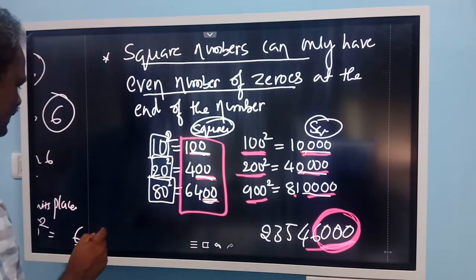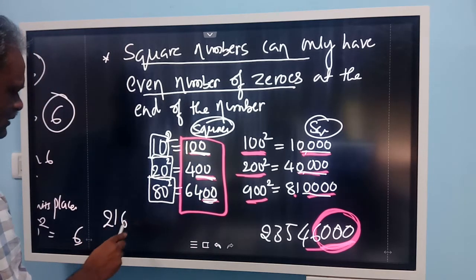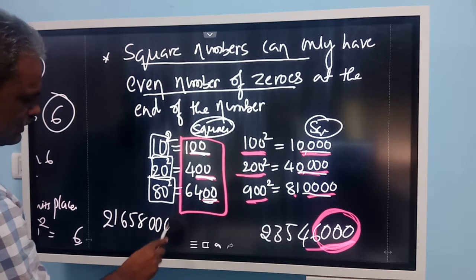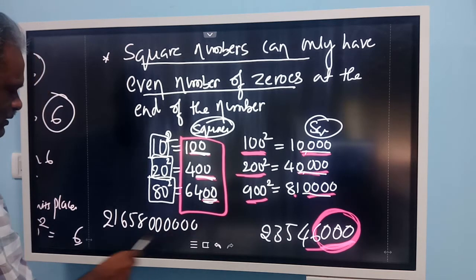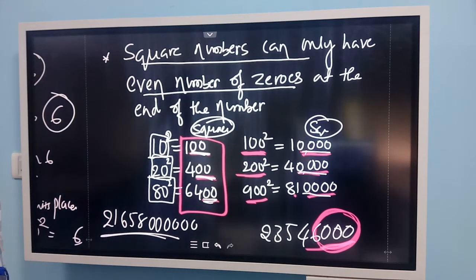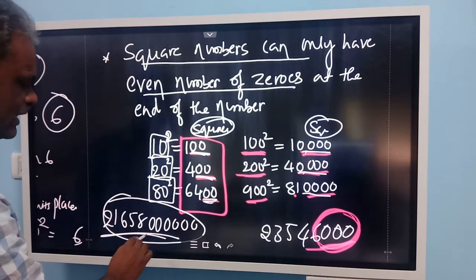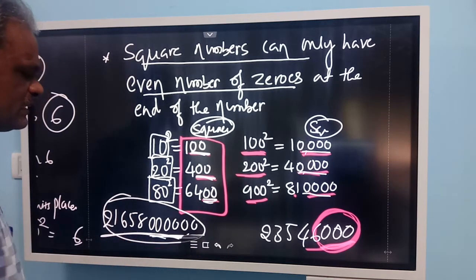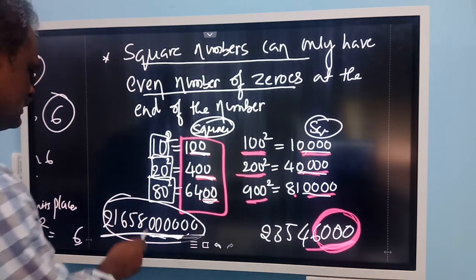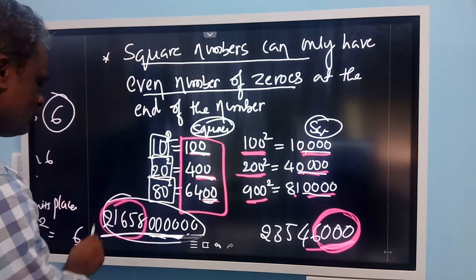One more example. 2165800000 0. Tell me, looking at it, is it a square number? Yes, sir, it must be a square number. Don't worry about the other digits, but look at the zeros. Now you check whether this is possible or not.